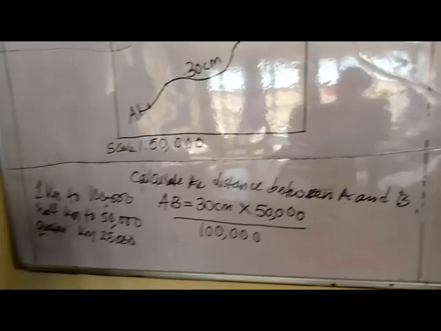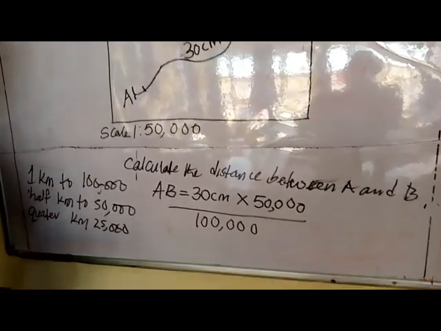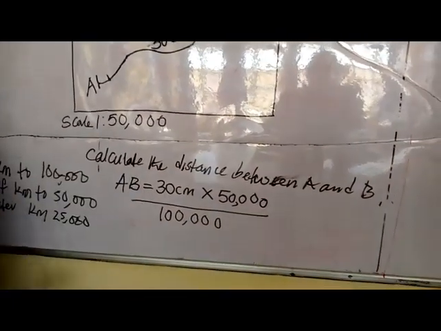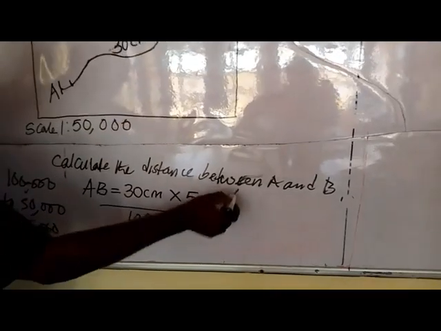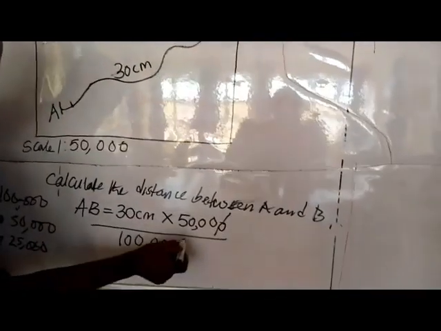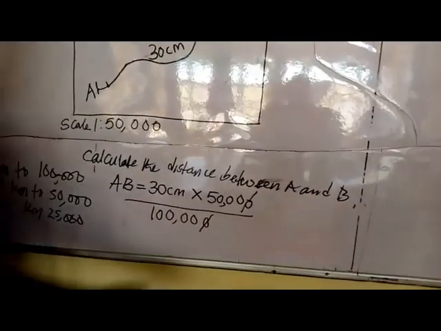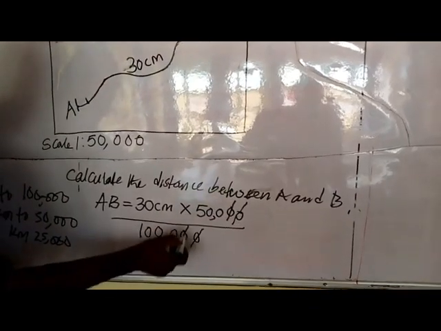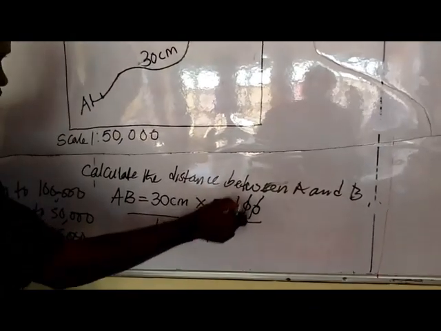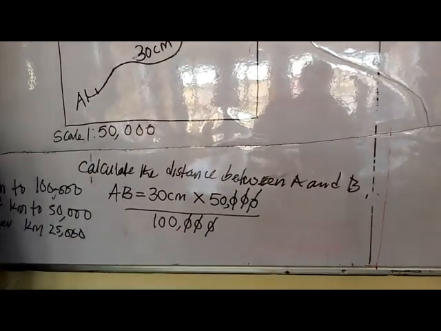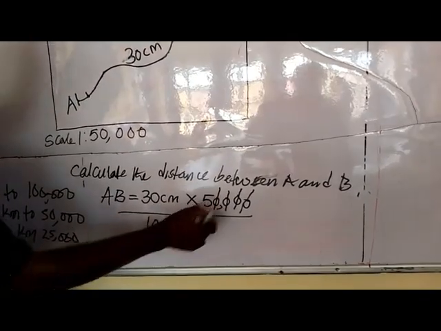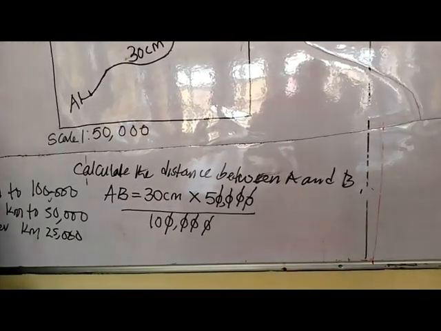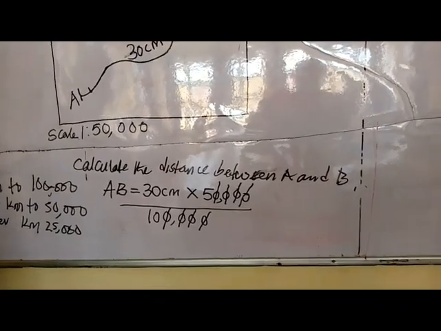Now, let's do it in form of cross multiplication since we know where we have this 100,000 from. So this 0 cancels this 0. This cancels this. This cancels this. This cancels this. Now we are left with what?